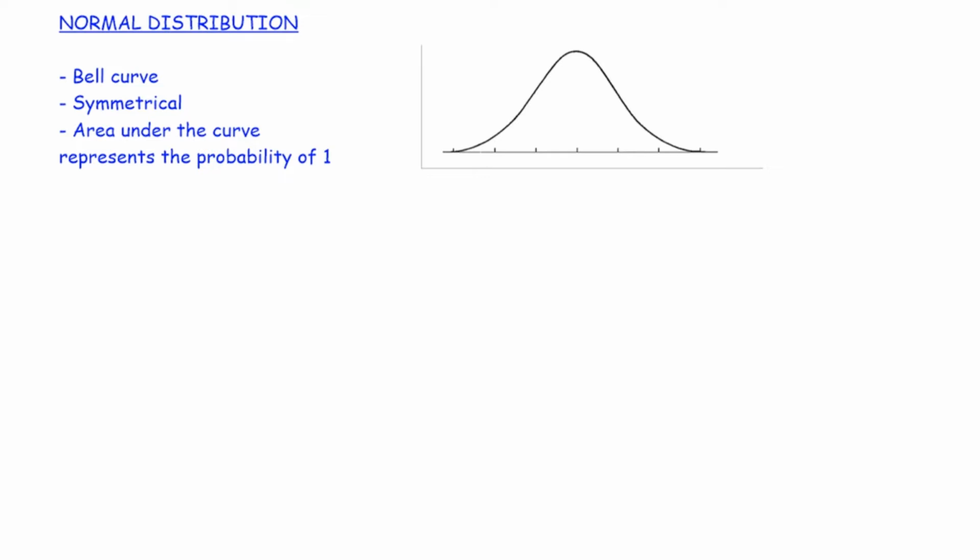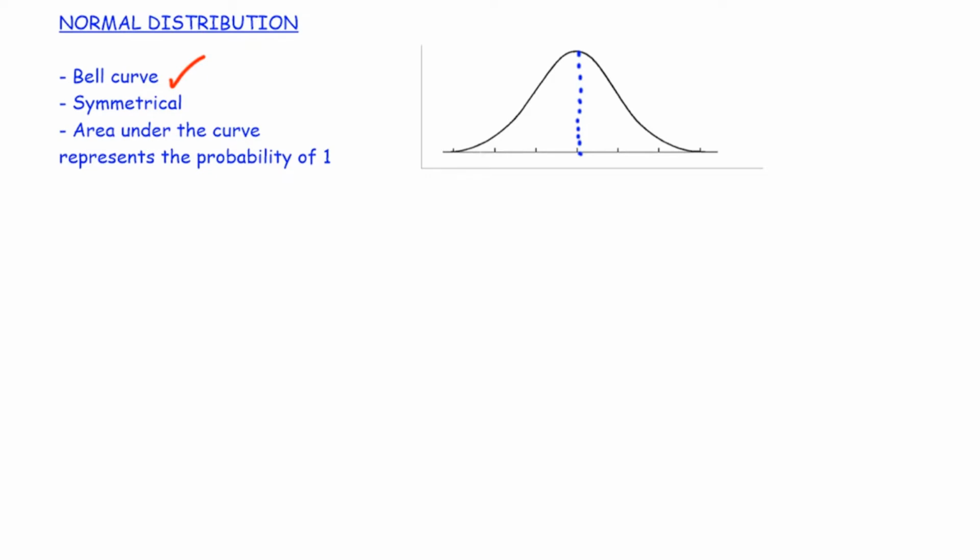Okay, so the features that we want to discuss are the bell curve, so two tails and a peak in the middle. This leads to the next point, which is symmetry. So the normal distribution is symmetrical. This is going to be a very powerful feature as we continue with our work on the normal distribution. Being symmetrical means there is no skew. And if you remember previously, we could determine skew by the location of the mean, the mode, and the median.